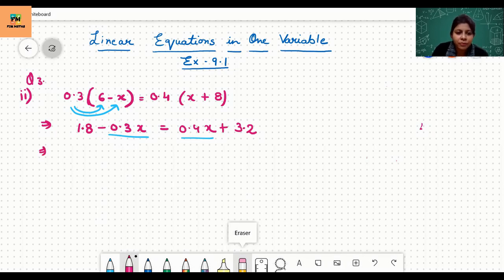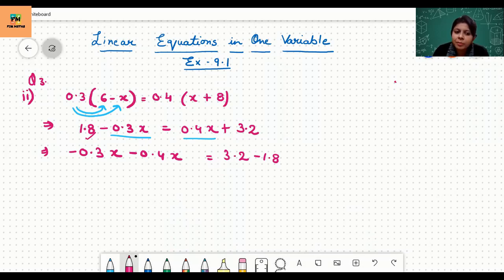We have minus 0.3x, we can't just write it like that, so what do we have to do? We have to take it to the right hand side, and bring 0.4x to the left hand side. When we pull it over, its sign will change, and the plus will change to minus. Minus 0.4x is equal to, on the right hand side the number is 3.2, so I'm going to copy, and this 1.8 I'm going to transpose on the right hand side. So we pull it again, and this plus 1.8 becomes minus 1.8.